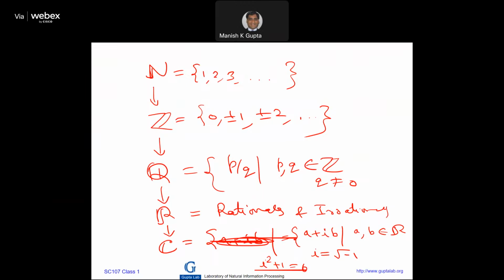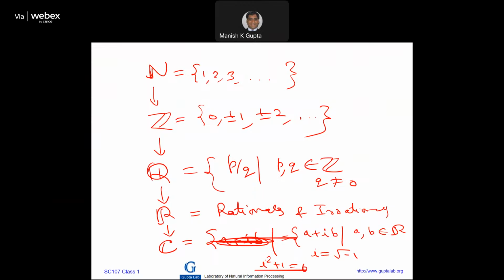And then x square plus 1 is equal to 0 has no real root, so we extend to the complex. As I mentioned, complex is known as a splitting field. So Q, R, C are the three examples where we can do all the operations of addition, subtraction, multiplication, division. These three are known as fields, whereas the other two are not fields, right? It's a very, very basic thing.